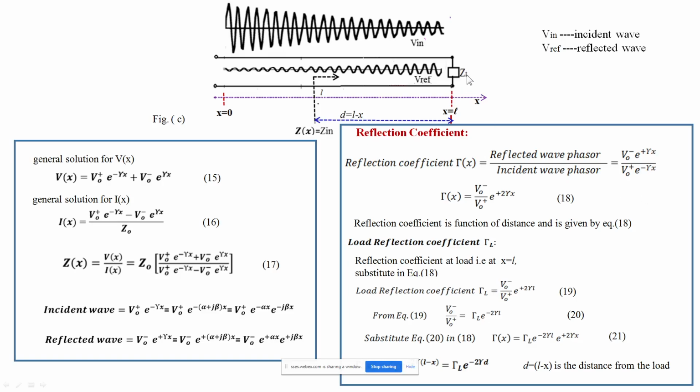See, this ZL is matched with the characteristic impedance of the transmission line. Then there is no reflected wave. Similarly, if rho of x is equal to 1, 1 means reflected wave amplitude is same as the incident wave. Okay, so automatically this entire wave reflects back. So maximum value of this rho of x is 1.